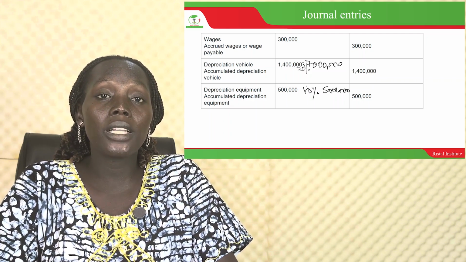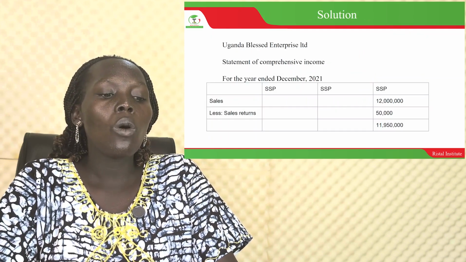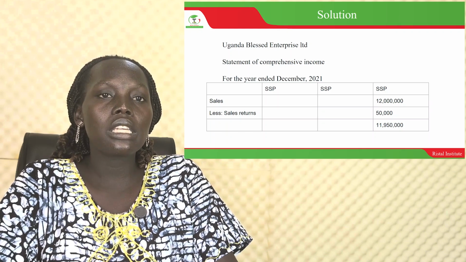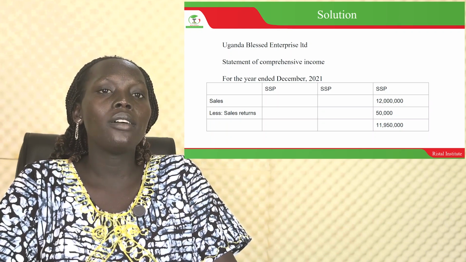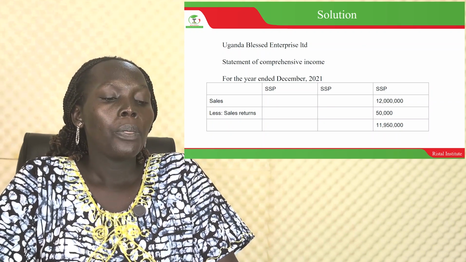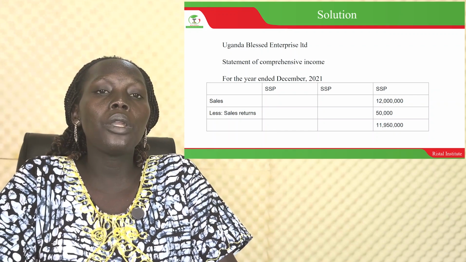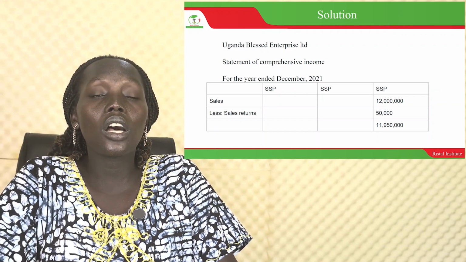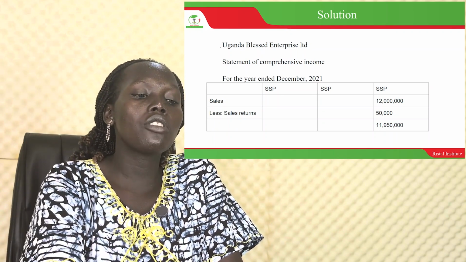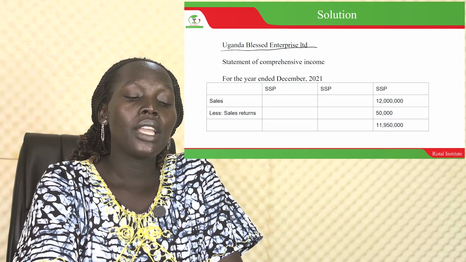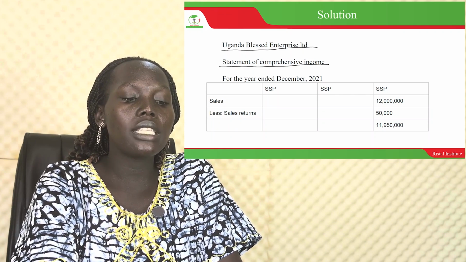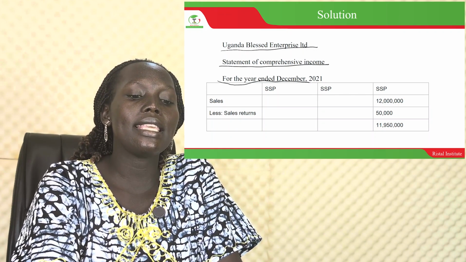So after coming up with our journal entries, let's go to calculate the statement of comprehensive income, or we can call it the income statement, or the statement of profit and loss. When you're calculating, first of all you have to write the name of the company, then you write what you are calculating, and then the year.